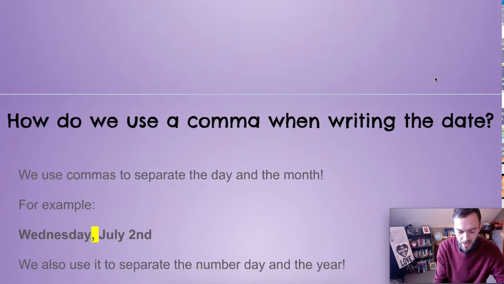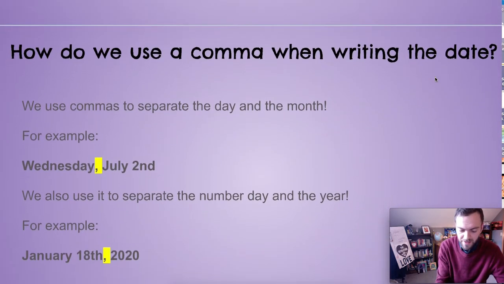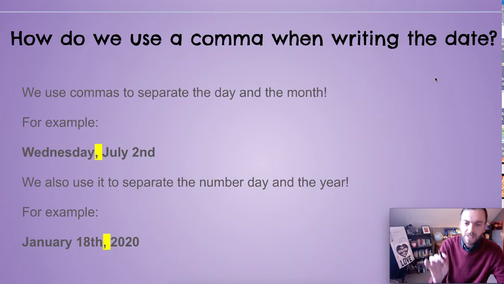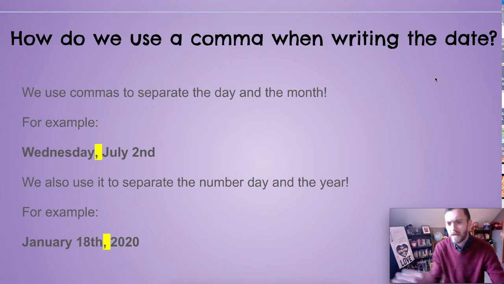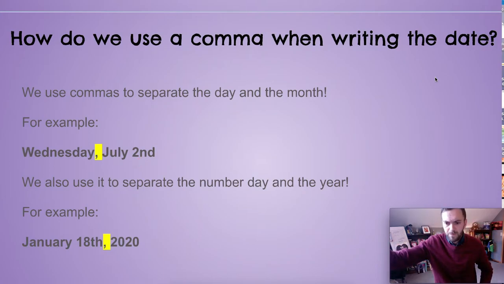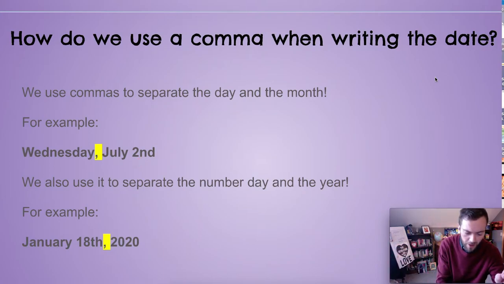So how do we use a comma when writing the date? Well, we use the comma to separate the day and the month when we're writing a date. For example, we might say the date is, I wish, Wednesday, July 2nd. Wouldn't that be nice? You'll notice here how I placed a comma after the day of the week, Wednesday.